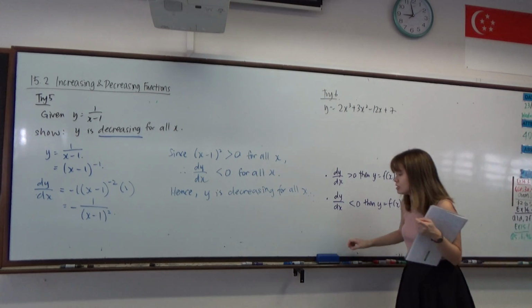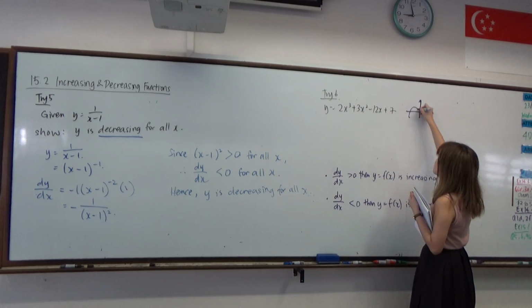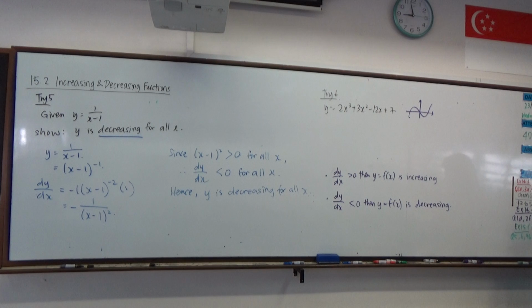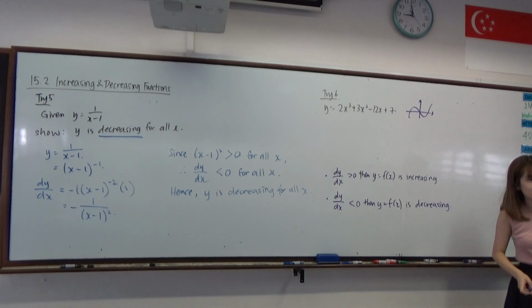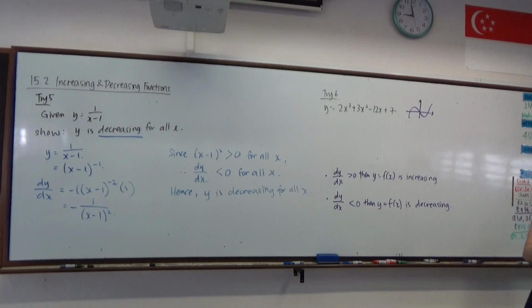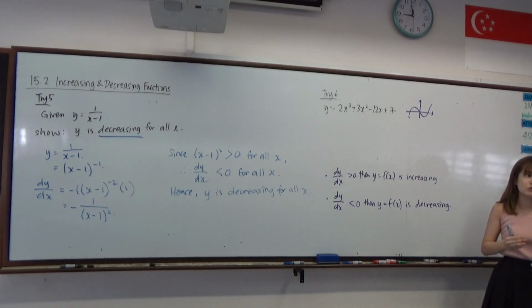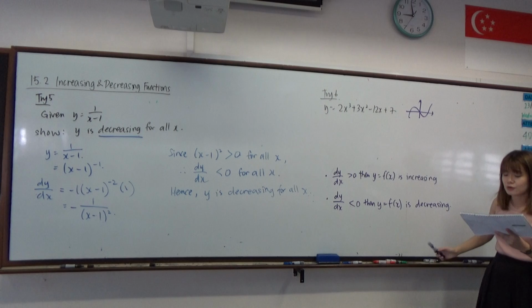Our cubic function graphs somewhat look like this. A general sketch will actually look something like that. Looking at this graph, surely it is not always increasing. It is only a particular interval whereby it is increasing, and then for a particular interval it is decreasing. So now we want to find out what is that particular interval that will allow for the function to be increasing.